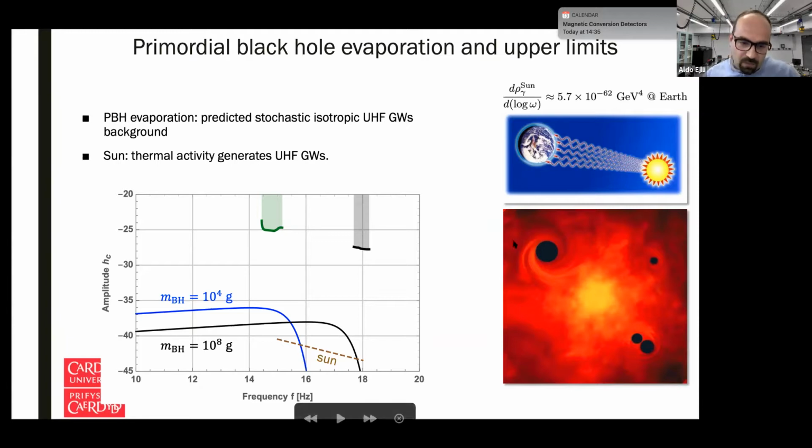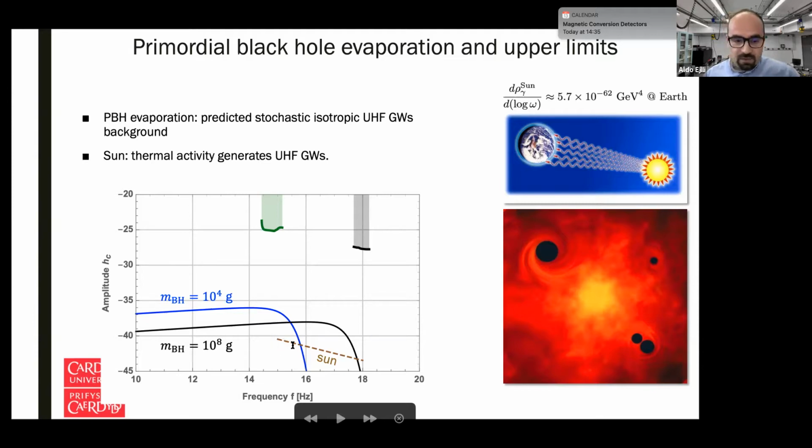So here I have plotted the stochastic gravitational wave background that primordial black holes might have generated through Hawking radiation for masses of 10 to the 4 gram and 10 to the 8 gram, assuming a density parameter of 10 to the minus 5. Obviously, the peak emission of gravitational waves depends on the masses of the primordial black holes.